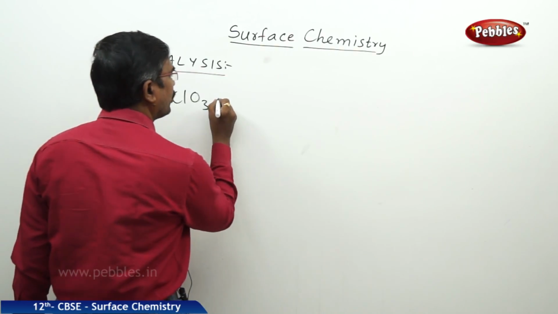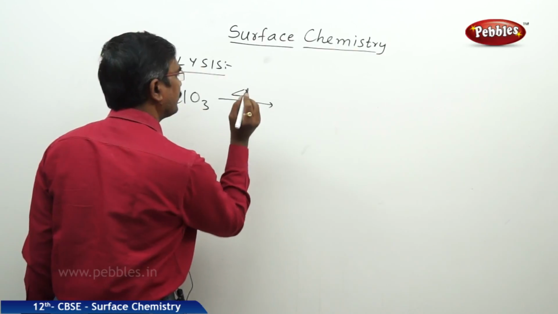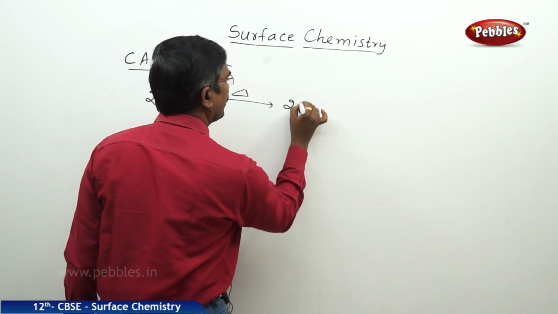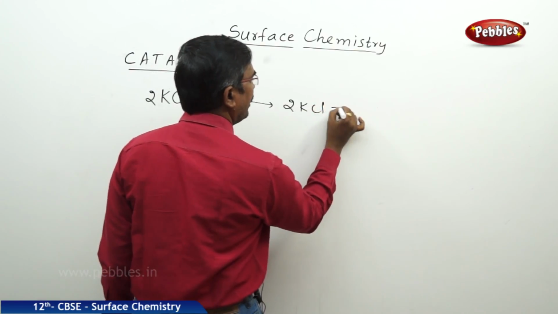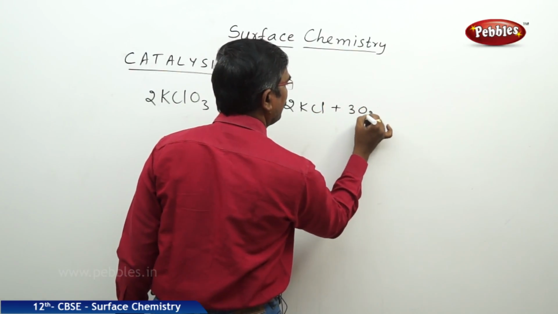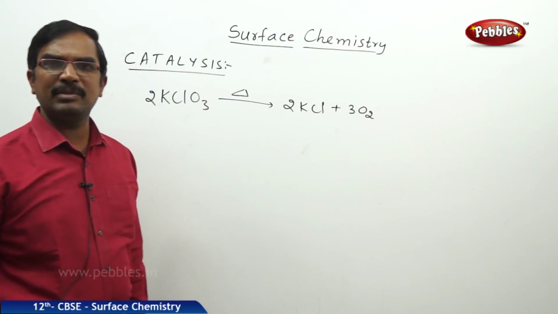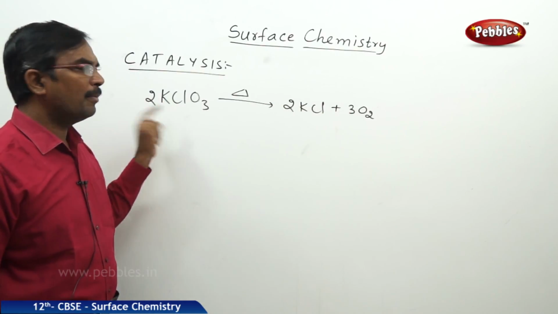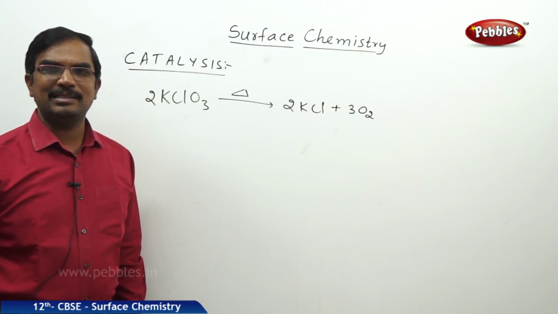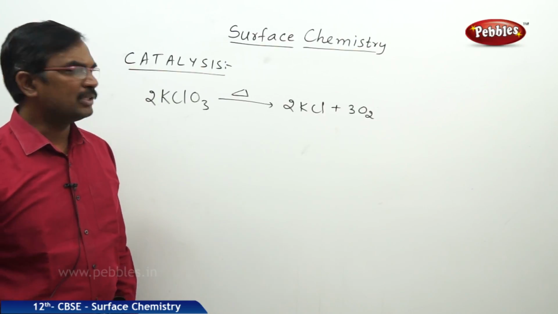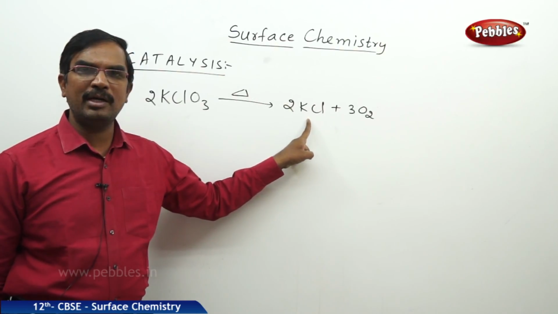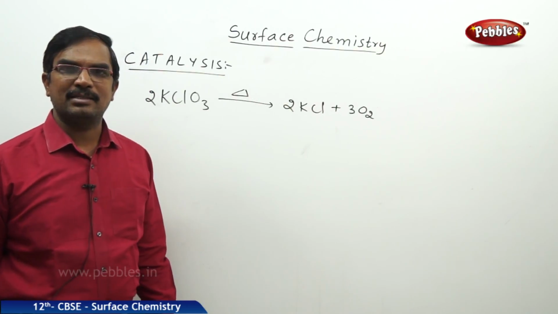This potassium chlorate on heating dissociates into the corresponding products, potassium chloride, and oxygen gas is released. So from this we can get the oxygen gas by the decomposition of the potassium chlorate. On heating we get two products here, one is potassium chloride, the other one is oxygen gas.